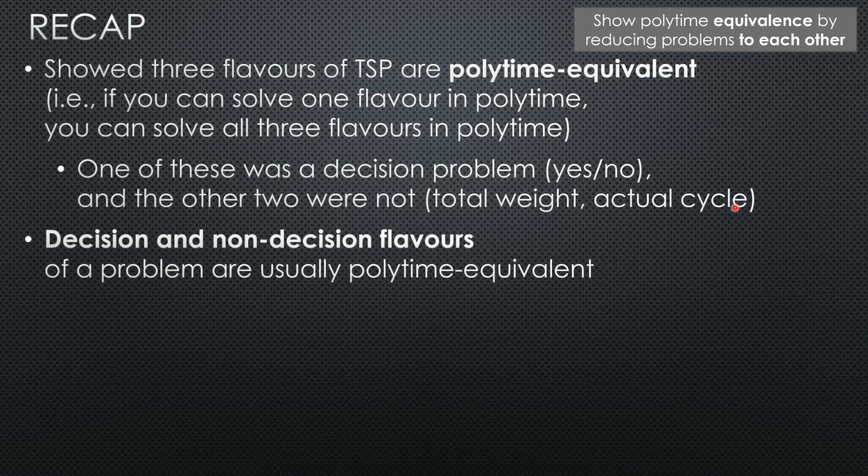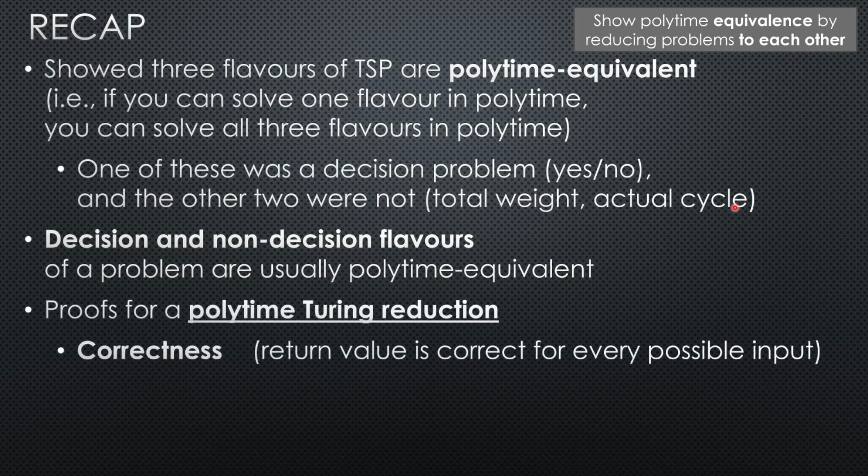If we study the complexity of the decision versions of problems and relate the complexities of decision versions to each other, so if we express the difficulty relationship between two problems by considering the relationship between the decision versions of those problems, that is in many cases as good as considering all of the different combinations of non-decision flavors of those problems, in the sense that it wouldn't make a difference to the question: are these problems polytime equivalent, or is there an exponential gap between these problems?